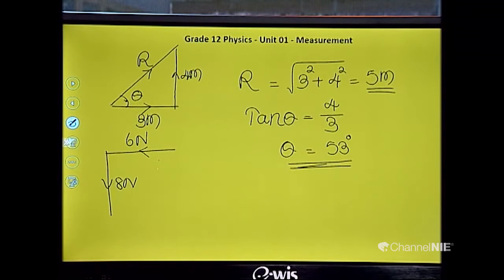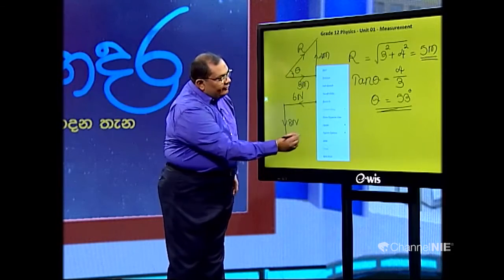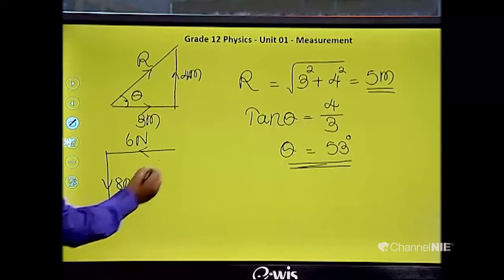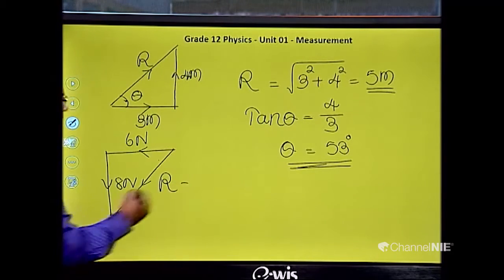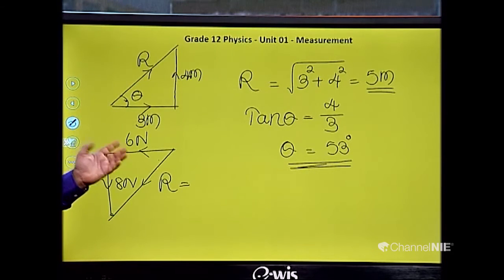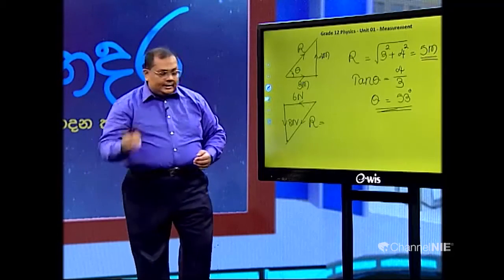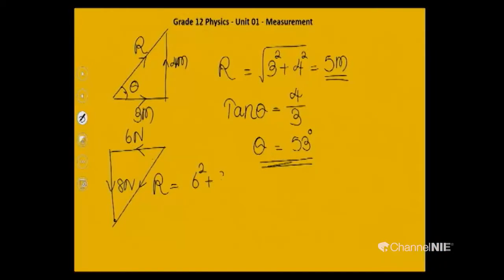Again, you take the Pythagoras principle: the starting point is here, finally you reach the point here, then the resultant from here to here is the square root of 6 squared plus 8 squared. 6 squared is 36, 8 squared is 64, and the square root of them is 10 newtons.